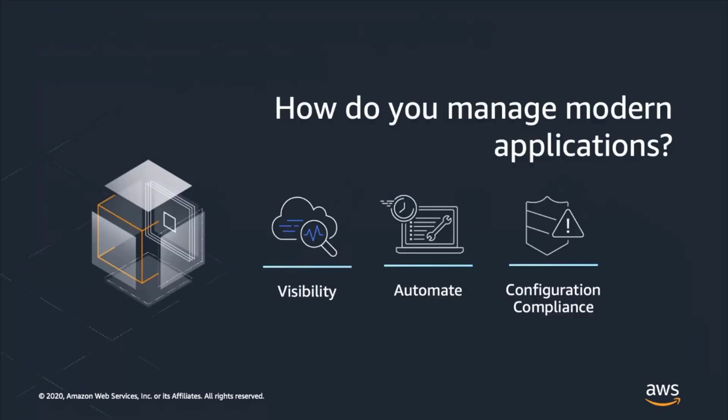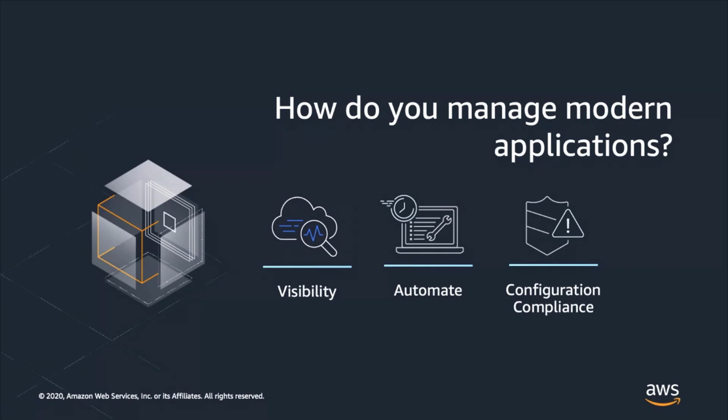However, customers then tend to ask, how do you manage modern applications? What are some of the challenges that customers face? Well, in order to manage modern applications, they need visibility into their application. They need a process to automate the configuration and management of their applications.